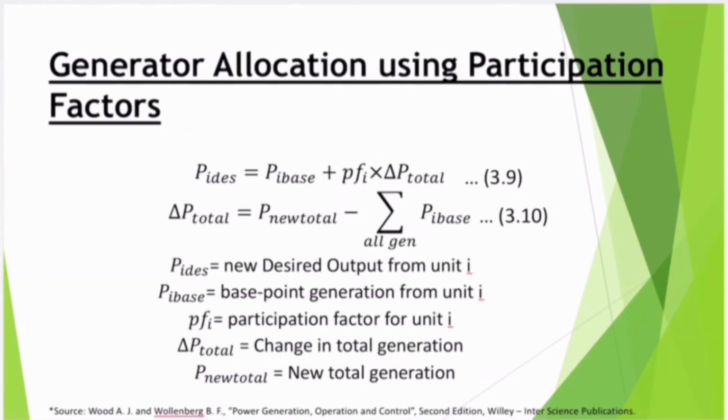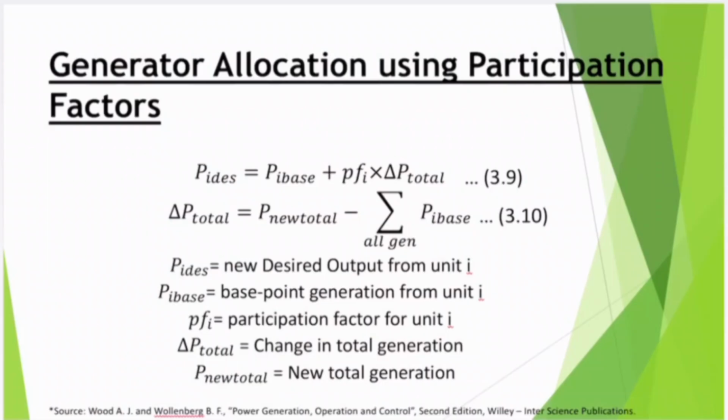If you have a large system connected to n number of units, many generators contribute to the required load. If there is a load change by X percentage, how that change is supplied by the n generators is known as the participation factor. Delta P total, the change in total power, is my P new total minus the sum of all the generators' Pi base.